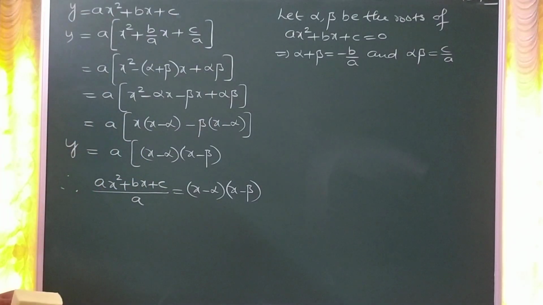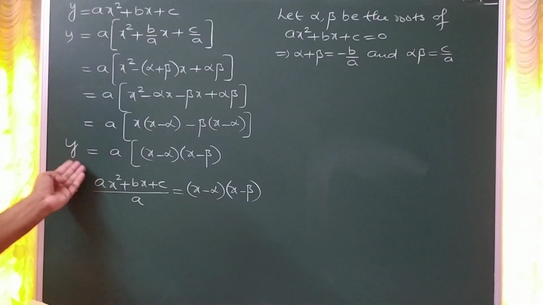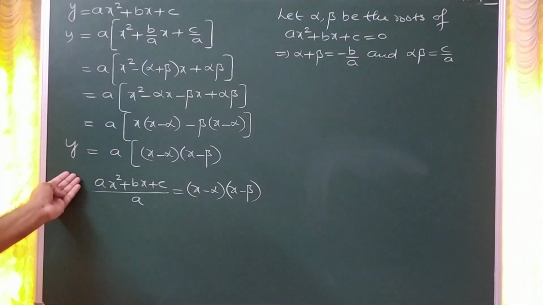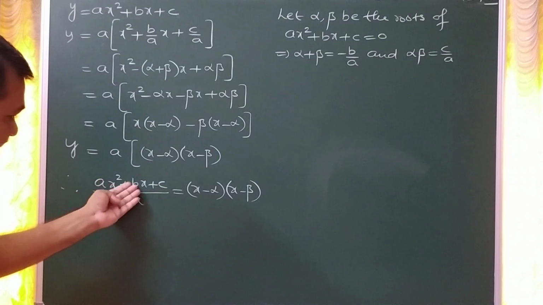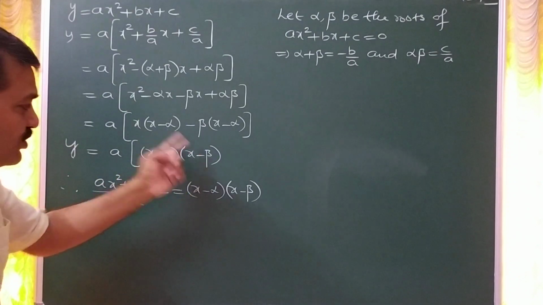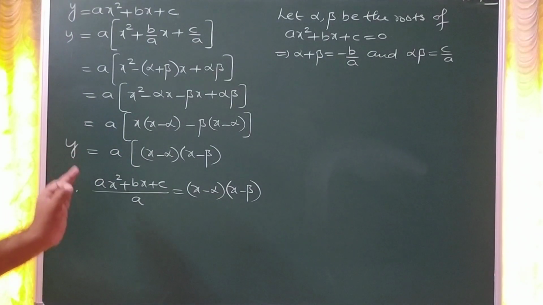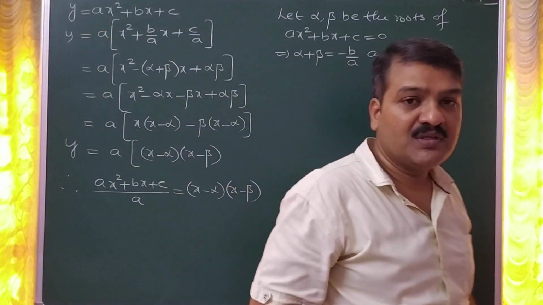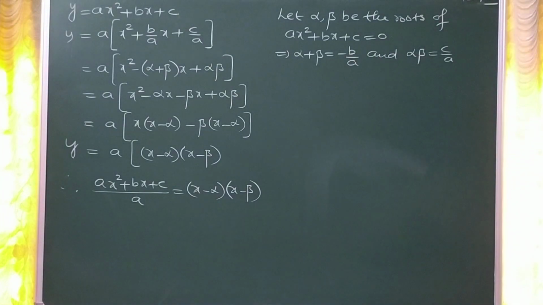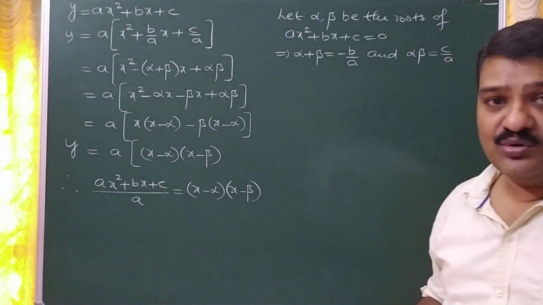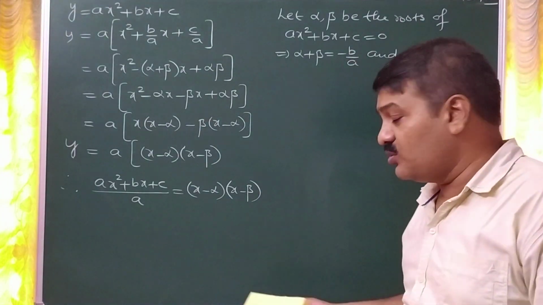Divide by a now. y by a means ax square plus bx plus c by a. So y by a is equal to, in terms of roots, x minus alpha into x minus beta. Now we have taken alpha, beta as the roots, but we don't know which is the smaller root and which is the larger.